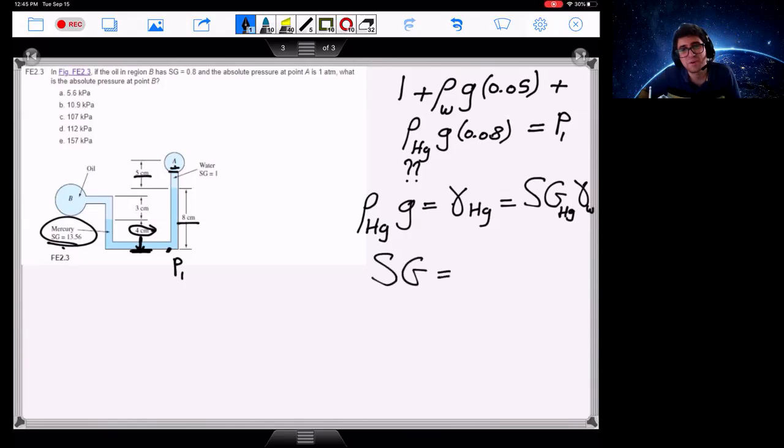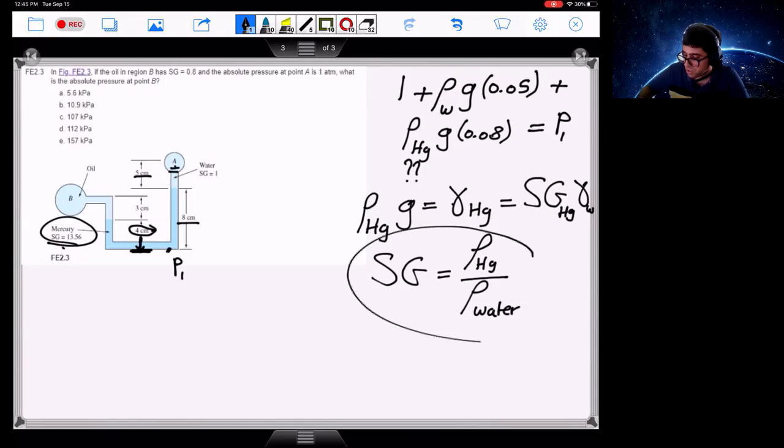Because what is SG? Let's refresh our knowledge. SG is the density of your liquid, in this case mercury, over the density of water. But we don't want to deal with densities. We want to convert to gammas, specific weight. What do we have to do?